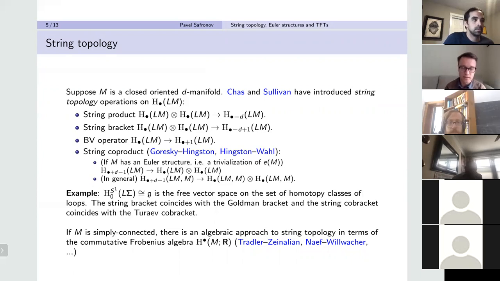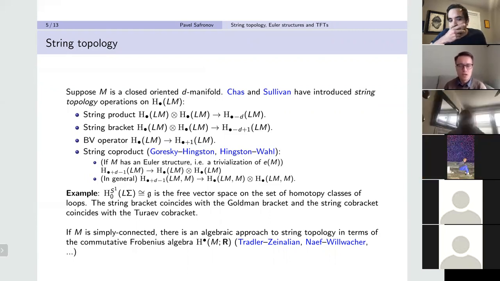So there's a string bracket, there's a string co-bracket, and together they form... If you look at the homology of the loop space relative to base loops, and you look at the S^1-equivariant homology, then you get an involutive Lie bialgebra in this case. There's also a lot of work on extending to chain level. So there's an IBL infinity structure. Yeah, so there's been quite a lot of work on string topology.